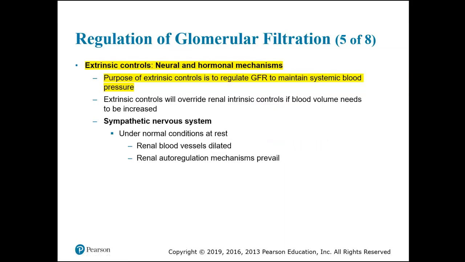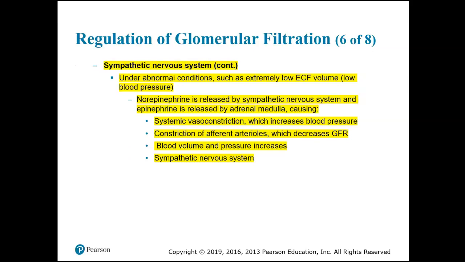Then we have neural and hormonal mechanisms that regulate GFR. First we have the sympathetic nervous system, and under abnormal conditions, such as extremely low extracellular fluid volume, which corresponds with low blood pressure, the sympathetic nervous system releases norepinephrine, and then the adrenal medulla releases epinephrine.